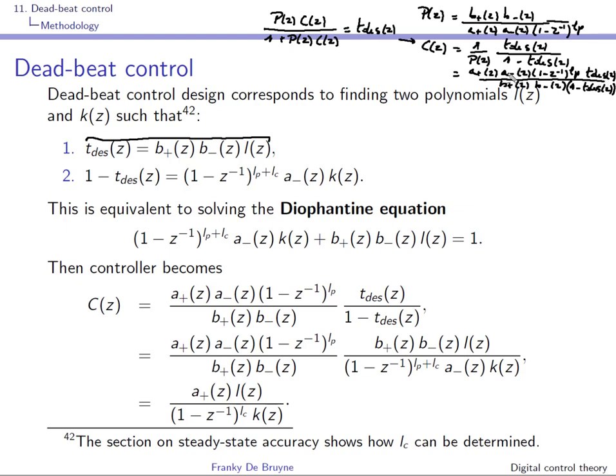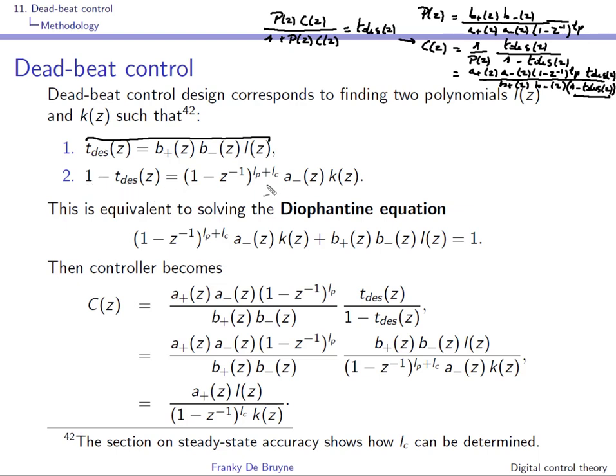Another pole zero cancellation that you might have is this one here, the unstable poles with the numerator of the controller. So what you have to do, and the same thing with the integrators in the process, is to include them in the polynomial 1 minus T desired.